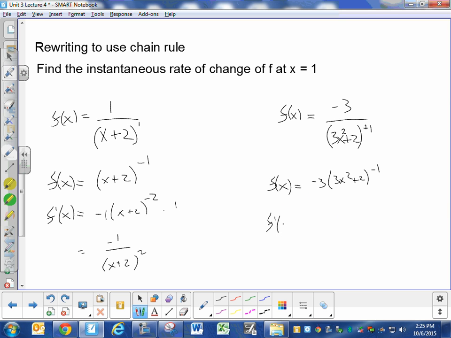Here, the derivative of the outside again, the negative 1 being multiplied by the negative 3 being 3, times the stuff to the negative second. And then the derivative of the stuff is 6x.